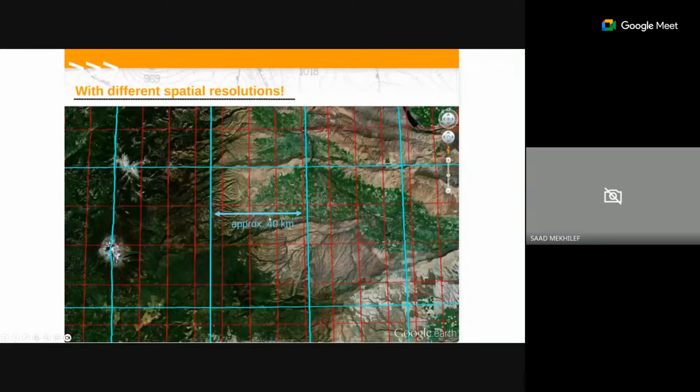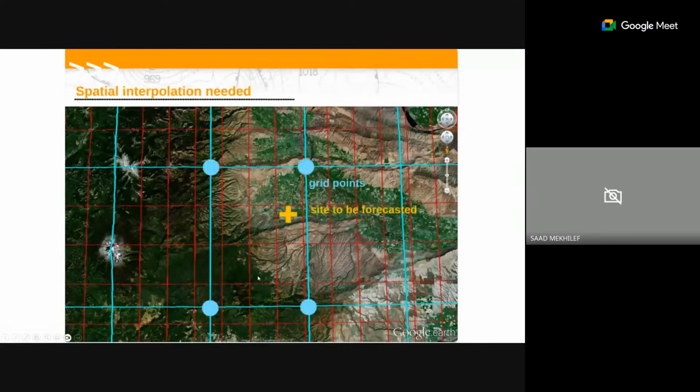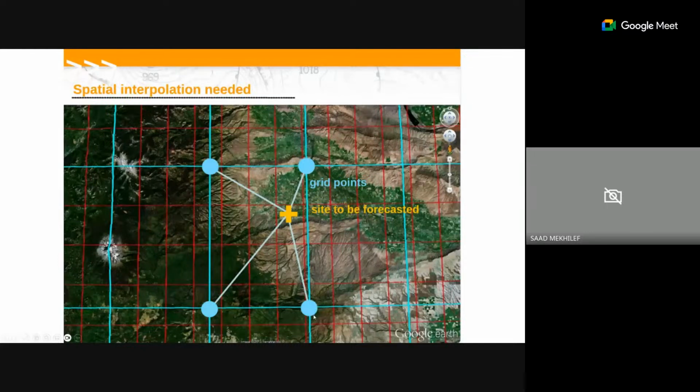For example, here it's around 40 kilometers in this area, and then this is 9 kilometers here. And then, like I said before, the grid points are very important. And then this is the site to be forecasted.